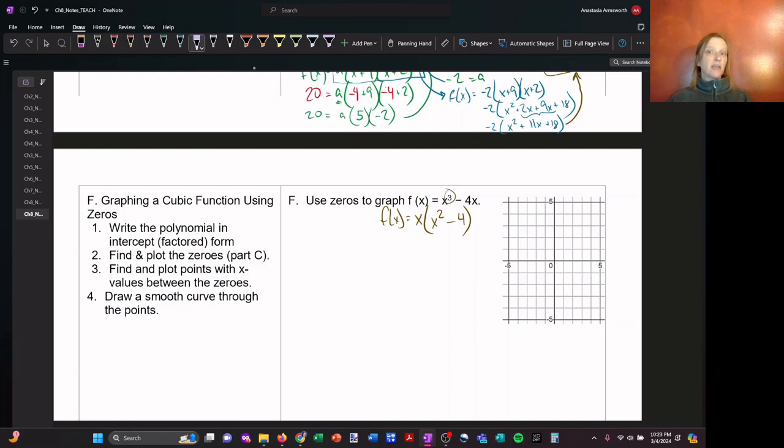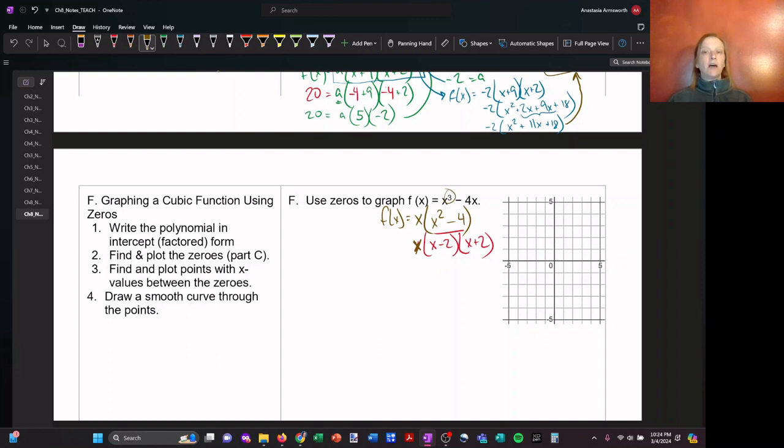And now I see, and we've seen this once already today, this is the difference of two squares pattern. So this factors further into x minus 2 times x plus 2. This initial x term is still there from above, but I've taken the x squared minus 4 term and further factored that into x minus 2 times x plus 2.